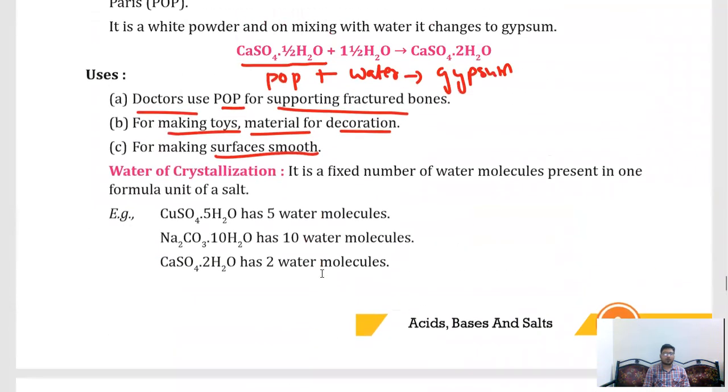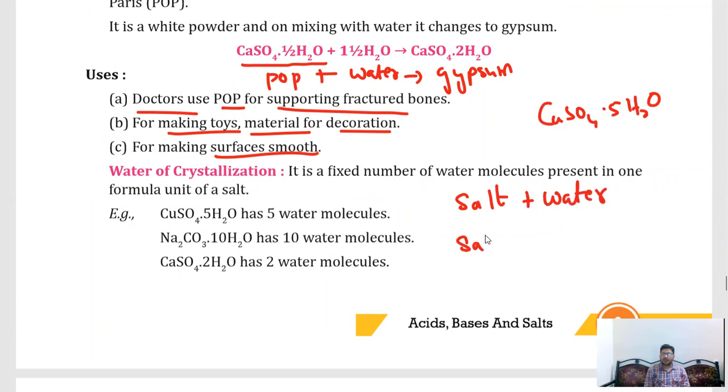And at last, we have only one concept, that is water of crystallization. Here we have observed calcium sulfate. It has some water molecules. And if you observe copper sulfate, CuSO4.5H2O, you will get. So simply to say, salts will have some water inside them.